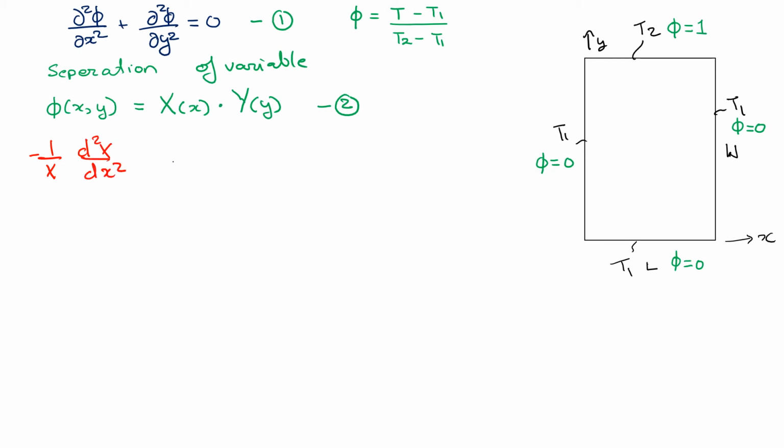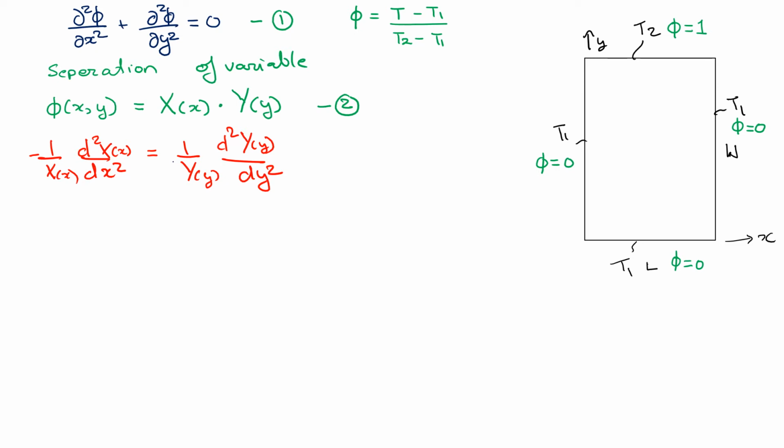Now because our uppercase X is just a function of one variable and not a function of two variables, our partial differential equations convert into ordinary differential equations, and this will be equal to 1 over capital Y. This is a function of x, and this will be a function of y, into d square Y by dy square.